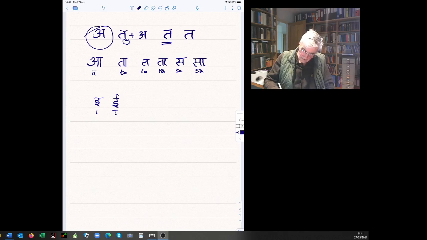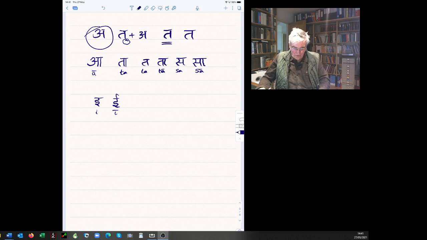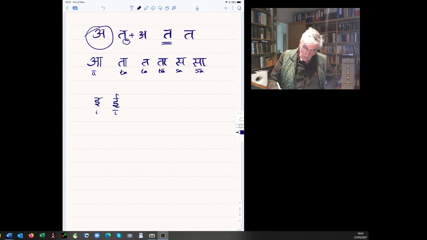It's the i. Now, as with all of the other vowels, you never write the vowel sign in full when it follows a consonant. I'm going to write t for you now. So this is what I'm going to write, t. Sorry, I'm writing the wrong language.